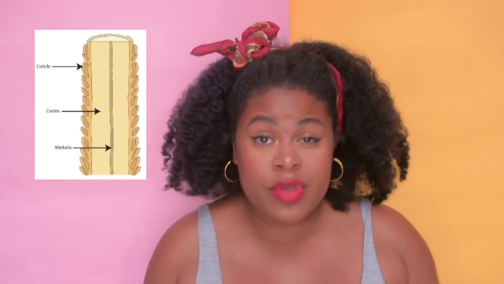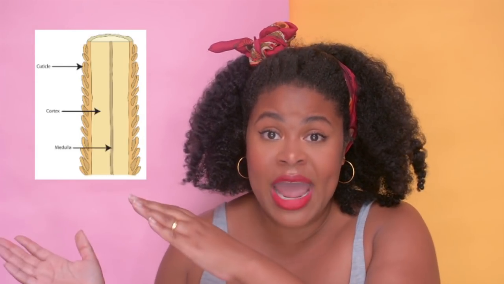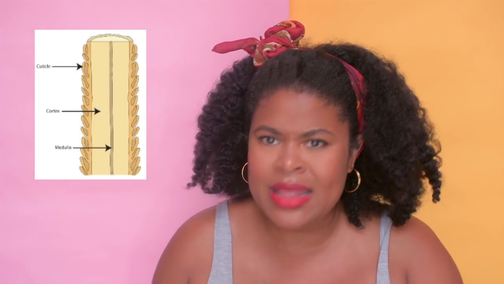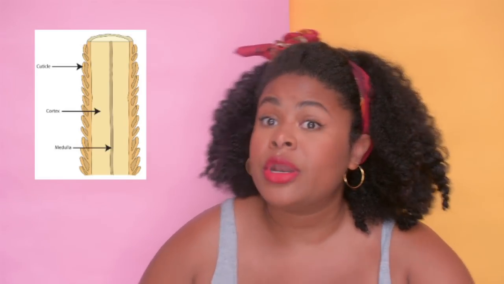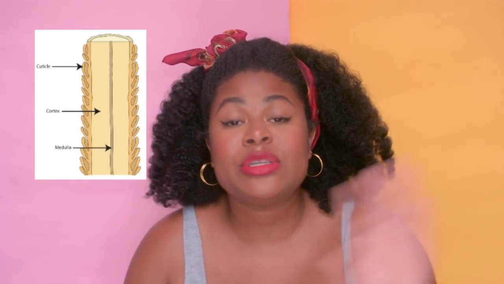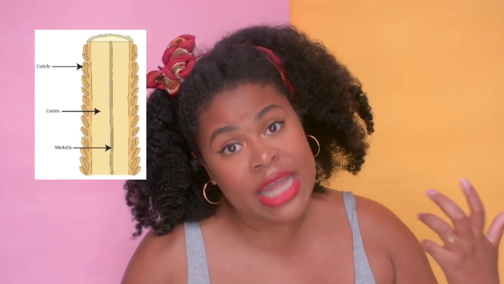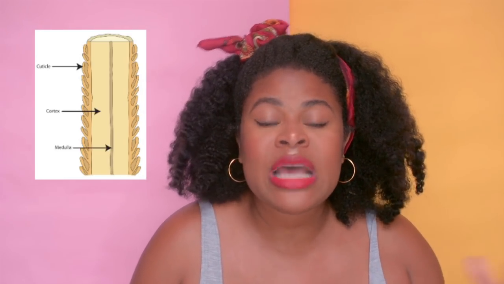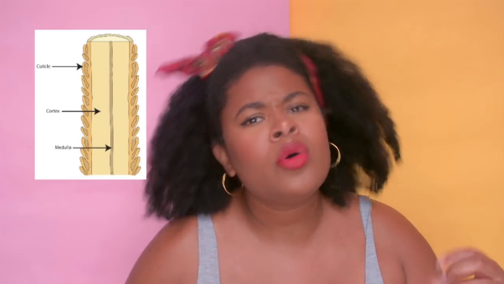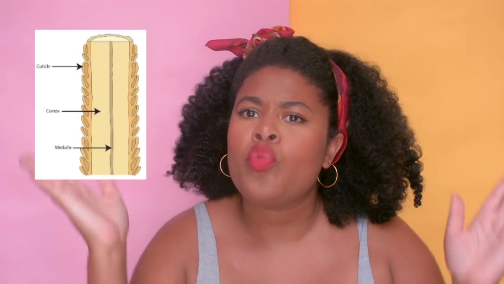So in this video, when we're looking at porosity, we need to look at what a hair strand looks like. So once again, very simplified, a hair strand has cuticles, right? And what I really want you to focus on is not everything else. I want you to focus on the cuticles. To understand how porosity works, think of a cuticle sort of as doors that open and shut.